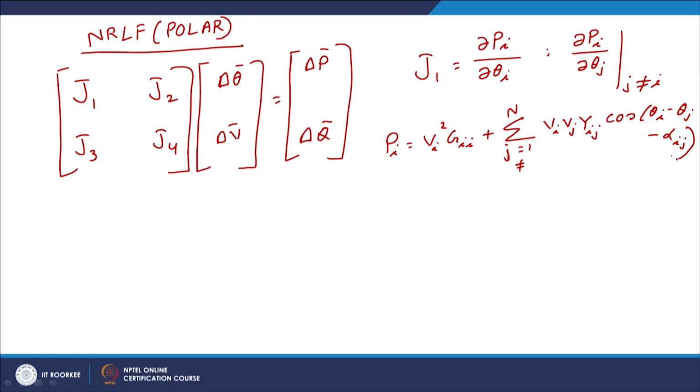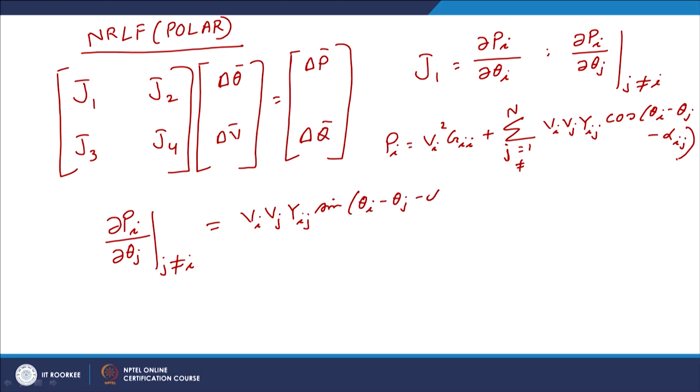If this is the expression, then we have seen that del Pi by del theta j, with j not equal to i, would be given by Vi Vj Yij sin of theta i minus theta j minus alpha ij.